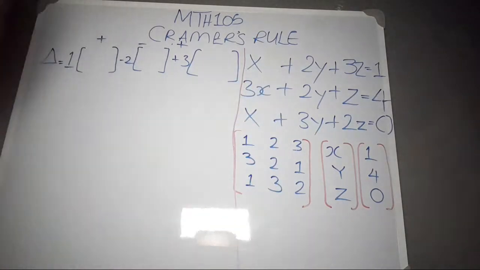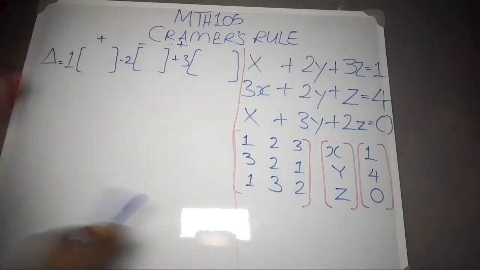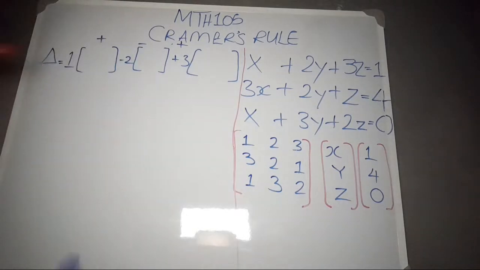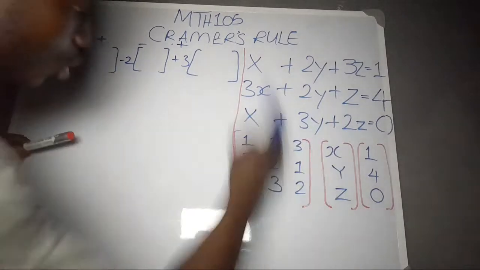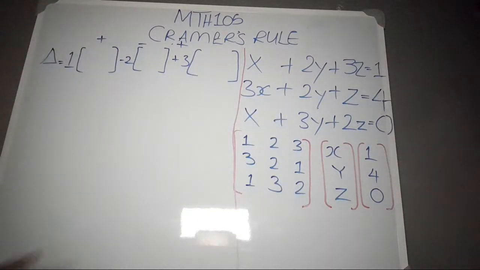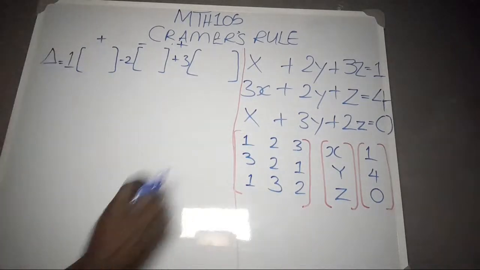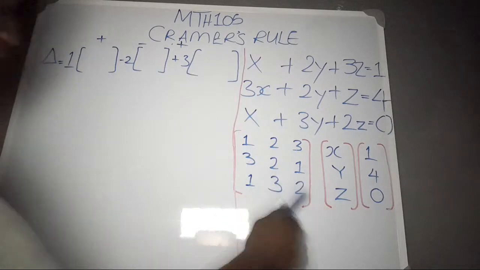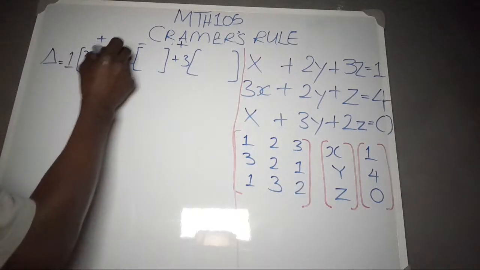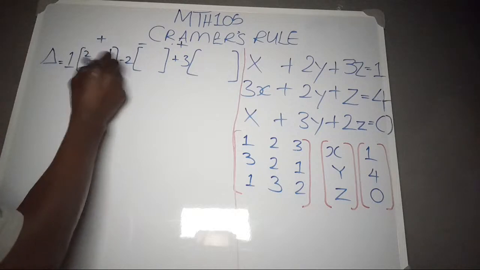To get our determinant, just like when we have it in inverse or multiplication of matrices, we have to do row 1, column 1, column 2, column 3. So for row 1, column 1, when you take this, you are left with 2, 2, 1, 3, 2. We have 2, 1, 3, 2.